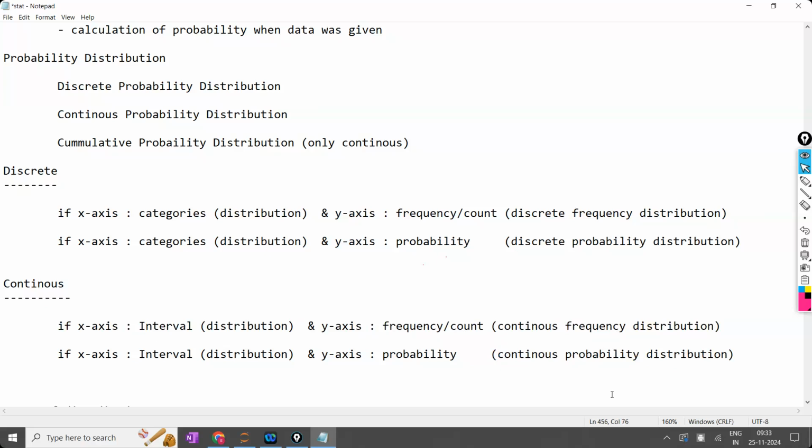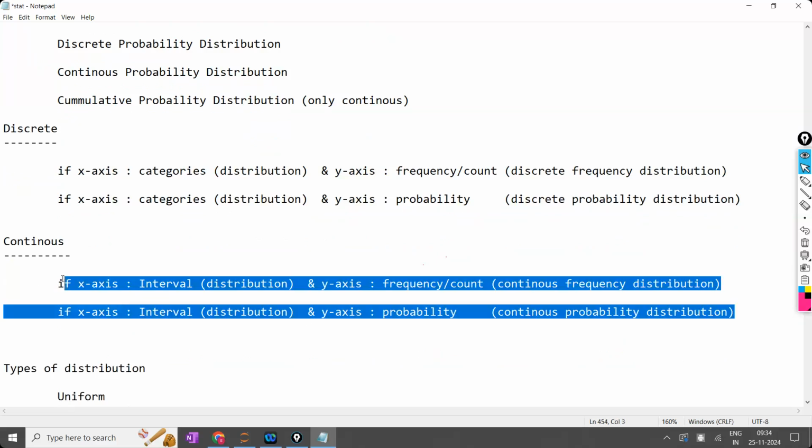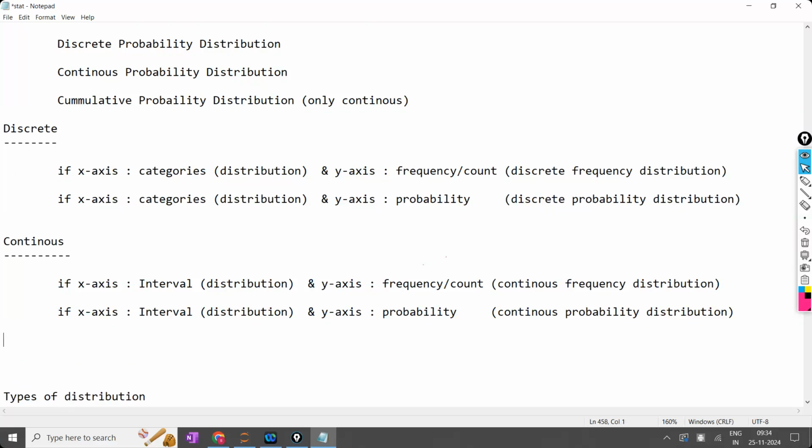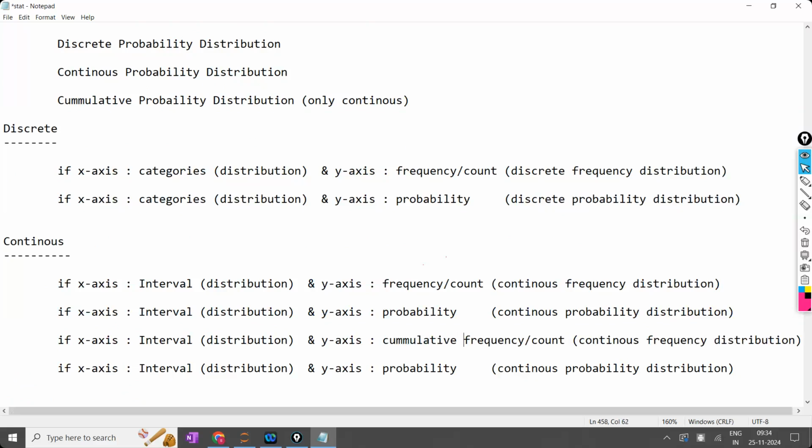For a discrete variable, the x-axis should be the categories. For a continuous variable, the x-axis should be the interval. That is the difference. For both of them, the x-axis is called the distribution. Is the point clear? Now, if you consider the x-axis as interval and the y-axis as cumulative frequency, it is called a cumulative frequency distribution.